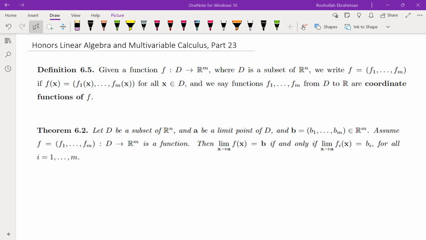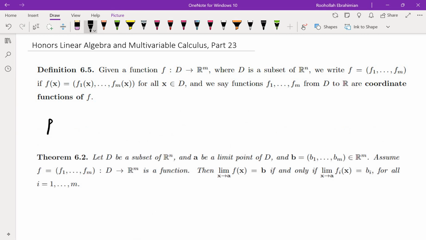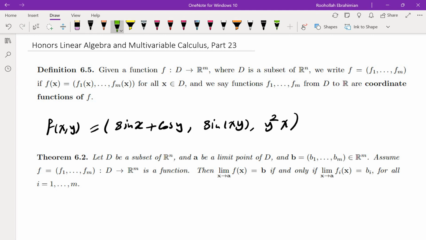So if you have a function f of (x, y) equals (sin x + cos y, sin(xy), y^2 x), this is a function from R^2 to R^3. These three functions are called coordinate functions of this function. Coordinate functions are basically portions of the original function that go to R.